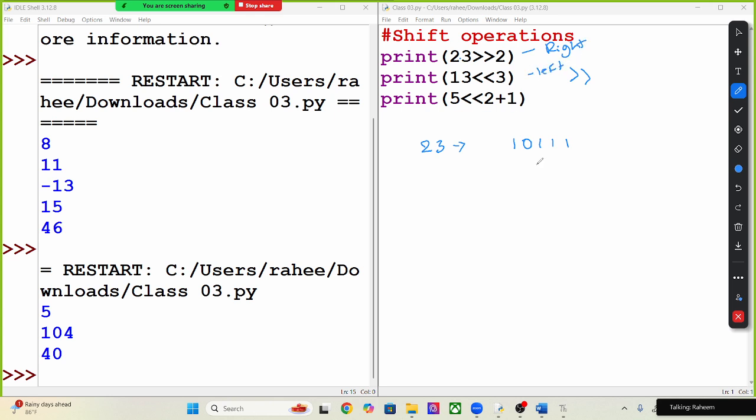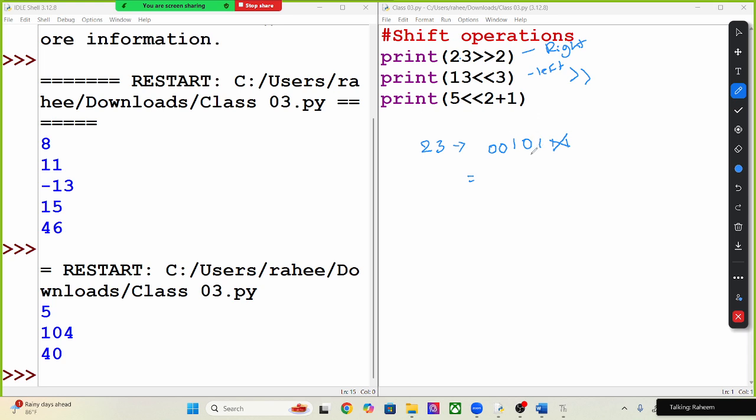In right shift, we are going to shift 2 bits to the right side. Here we simply cut these two bits, and instead of these 2 bits we put two zeros. Now you convert this number into decimal.